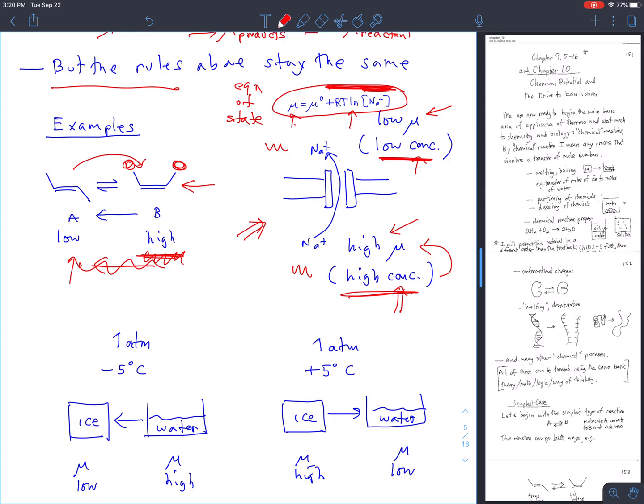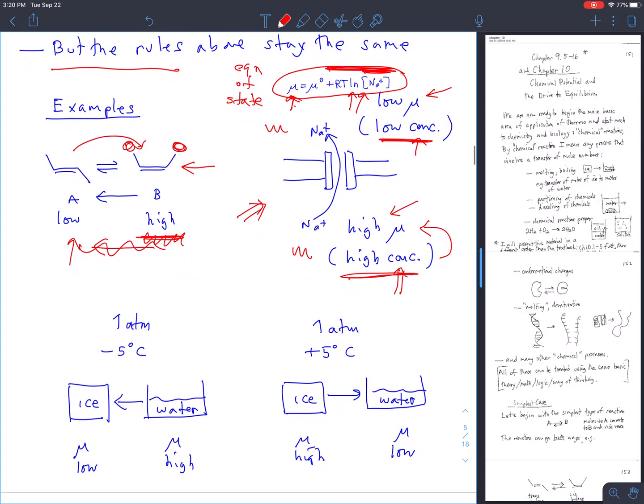So the chemical potential isn't the same thing as concentration, but it goes up when concentration goes up and it goes down when concentration goes down. So that means that this high concentration on the inside, that's the high chemical potential case, and this low concentration on the outside, that's the low chemical potential case. And so you'll get spontaneous transfer of sodium from the inside to the outside.